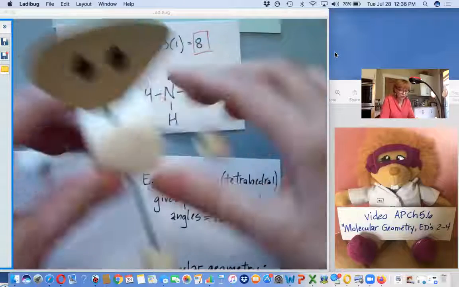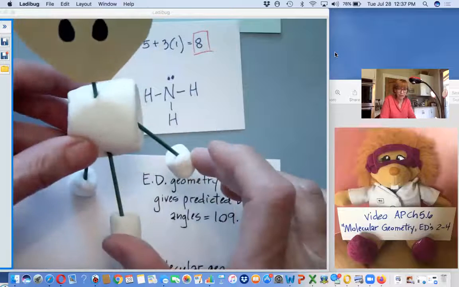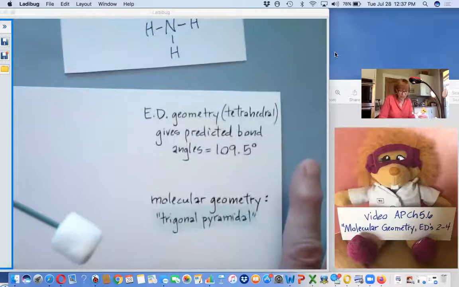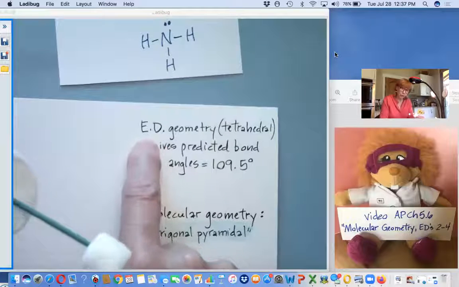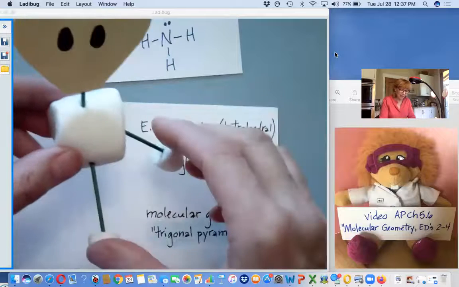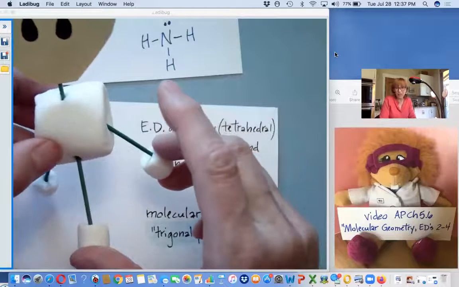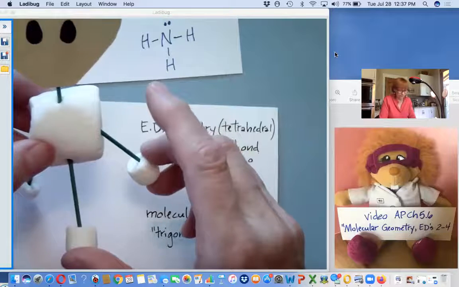So there is some distortion of the bond angle. We predict the bond angle to be 109.5 because we had 4 EDs, 4 electron domains. But in reality, the bond angle is a little bit less than that. Not much, guys. You know, maybe it's compressed a degree or so.